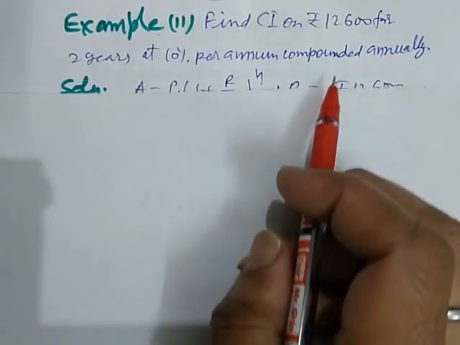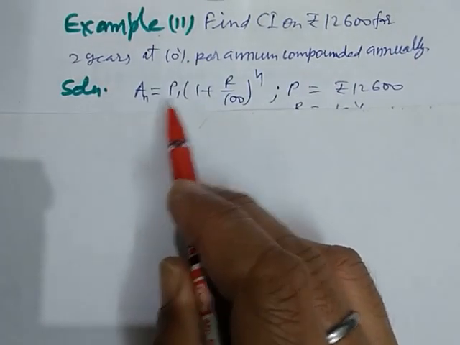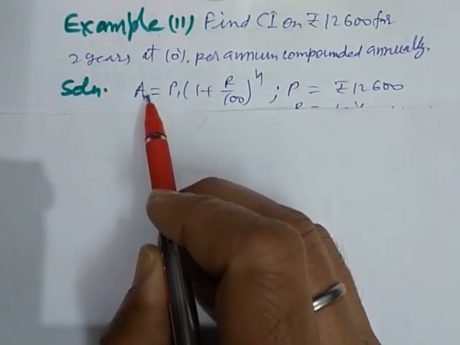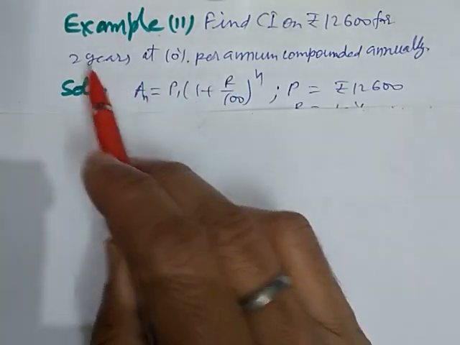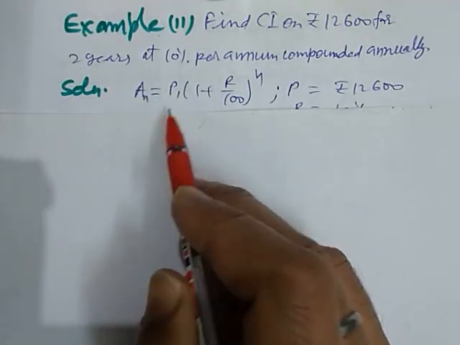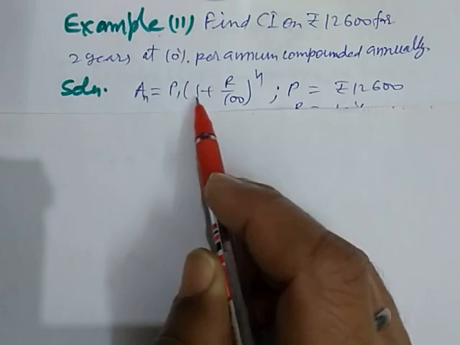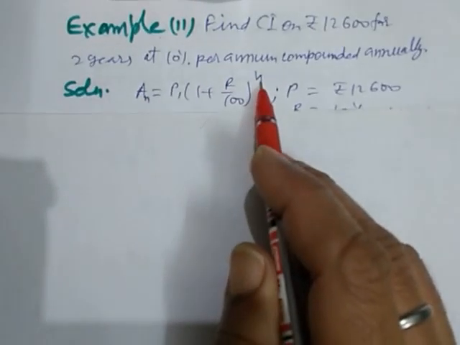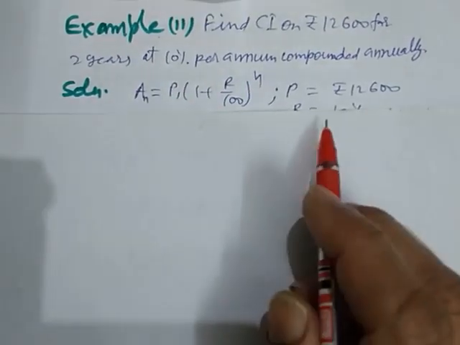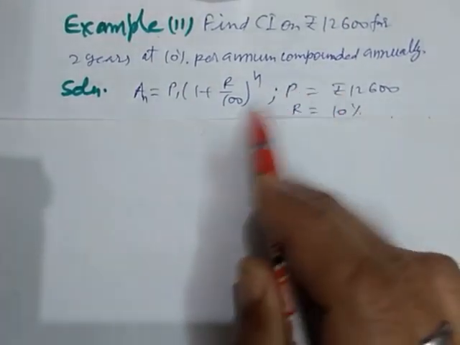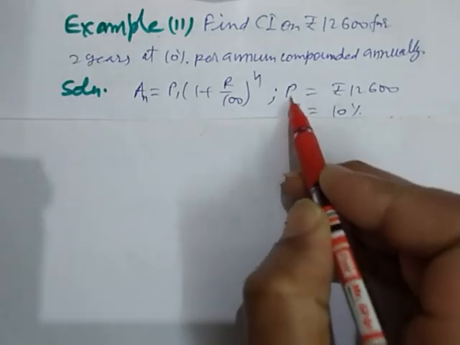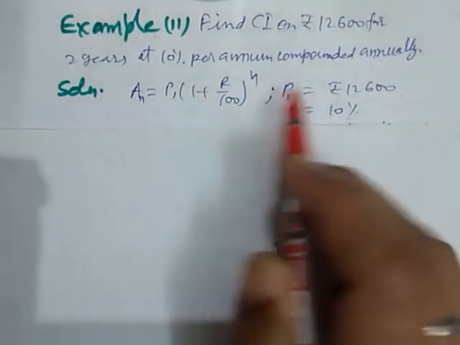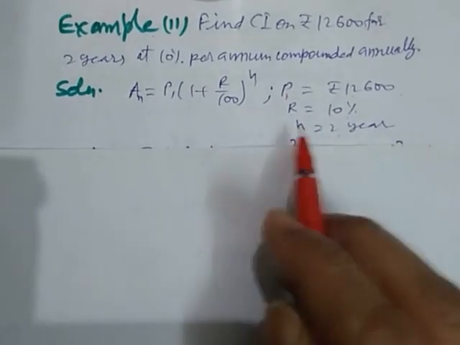Okay, so by using the direct formula, the amount after 2 years: P1 is the principal, 1 plus R by 100, R is the interest rate, N is the number of years. So here P is 12,600, the rate of interest is 10% per annum, and N is 2 years.